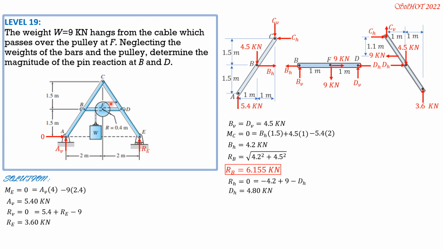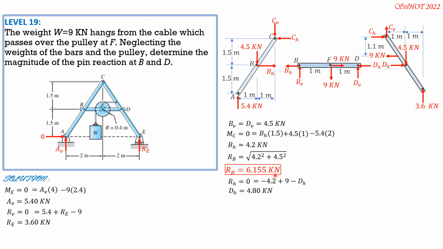And because the radius is 0.4, the distance of 9 kilonewtons from C, the moment arm, is 1.5 minus 0.4. That's why we have 1.1 here. So D sub V is 4.5 and DH is 4.8.